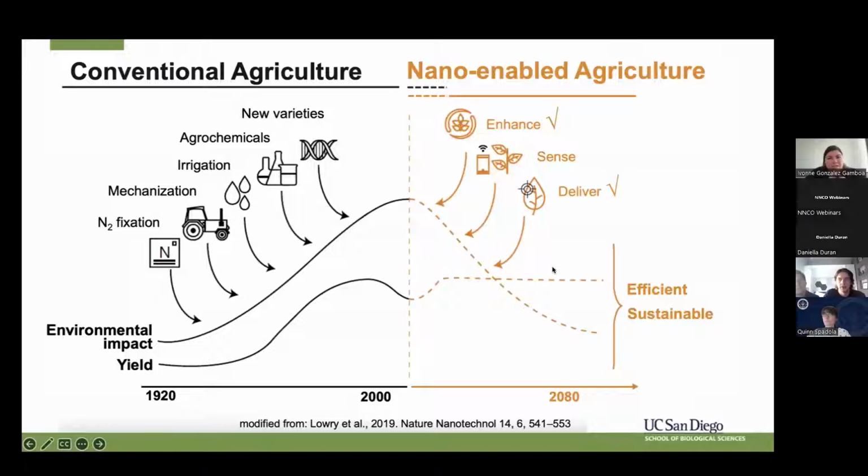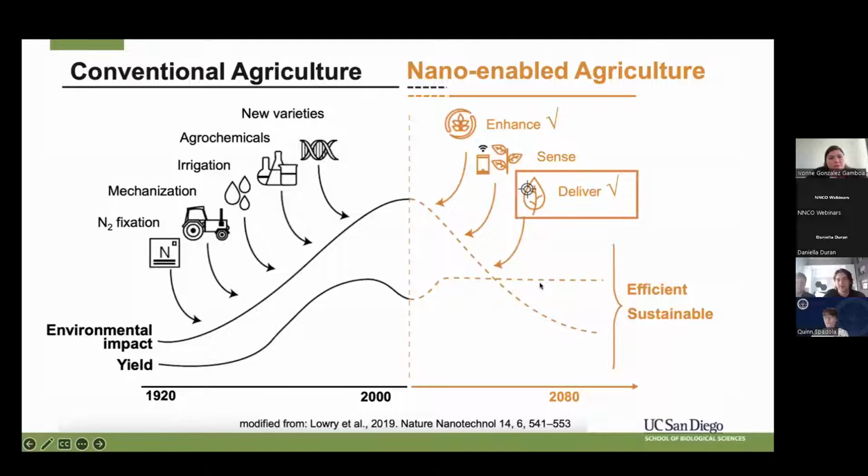And three key components that we're trying to focus on here are to enhance, sense, or deliver pesticides, nutrients, and fertilizers in a better way, in order to have efficient and sustainable agriculture by 2080 or something like this.